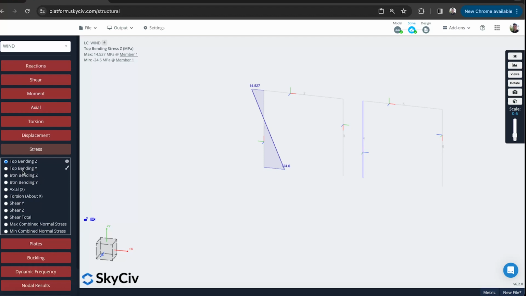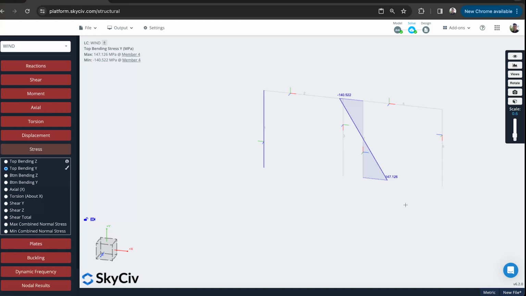Whereas if I look at the other one, where we've loaded it in the incorrect section and the incorrect orientation, we get a much different picture. We can see we're loading the structure with 150 megapascals worth of stress on this lower end. So we're really limiting ourselves to how much this beam or this column can take in terms of force, because we haven't really designed it correctly.